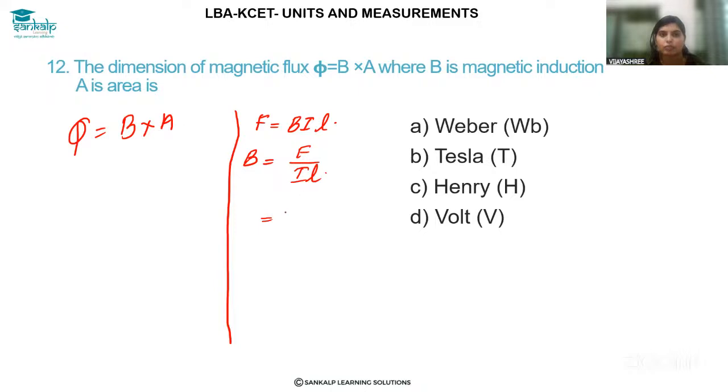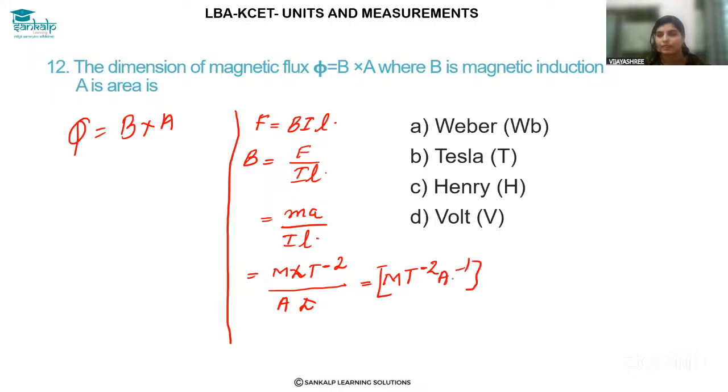F divided by I L. Force is M into A, I is current, L is length or distance. The dimensional formula of mass is M. Acceleration is length time raised to minus 2. The dimensional formula of current is A. L means distance, with dimensional formula L. So L gets cancelled, giving M T raised to minus 2 A raised to minus 1. Correct?